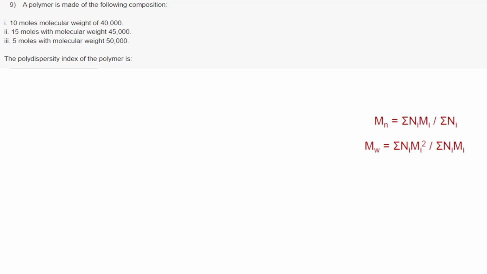Let me know when you have calculated everything and you have the final answer. So polydispersity index is just a ratio of Mw by Mn.